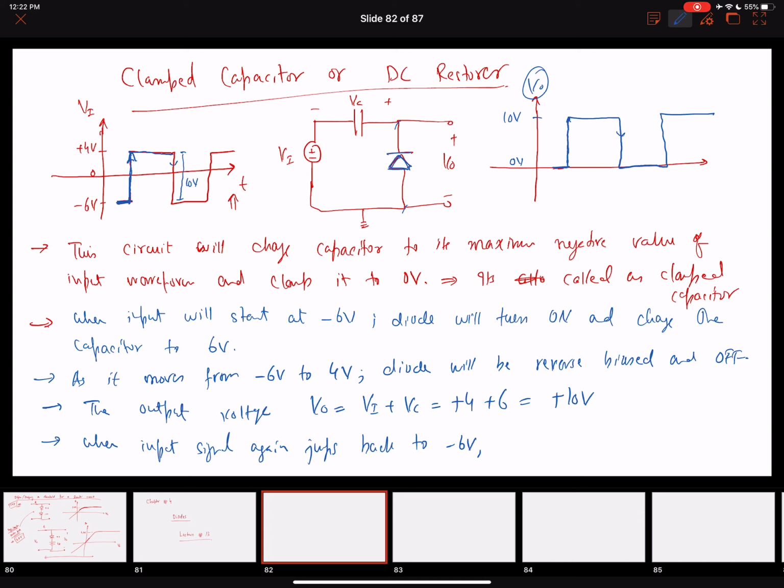So this is the output. When the input signal jumps back to minus 6 volts, the diode will be on and the output will jump to 0 volts.